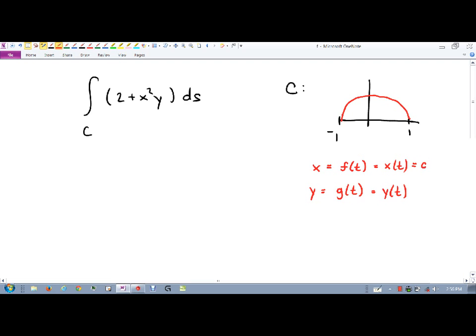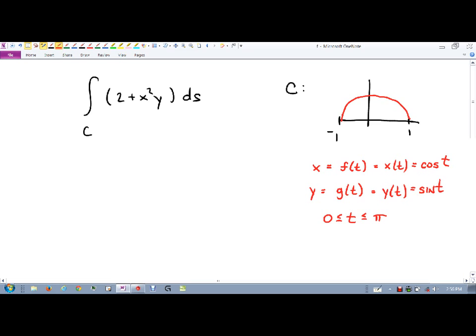So the x could be cosine, but we can't use theta. We're going to use t as our parameter. And then our y will be sine t. And our t will be restricted between where and where? 0 to pi. Everyone agree with that? If I replace x with cosine t, replace y with sine t, let t go from 0 to pi, I will draw that red curve.